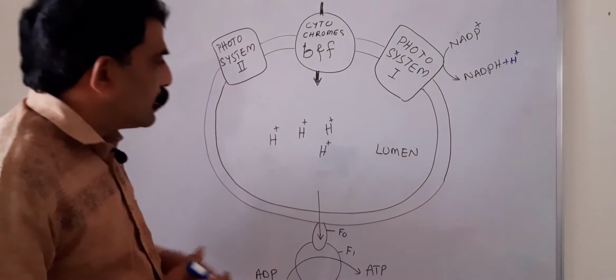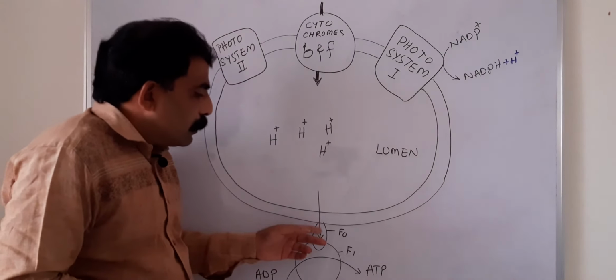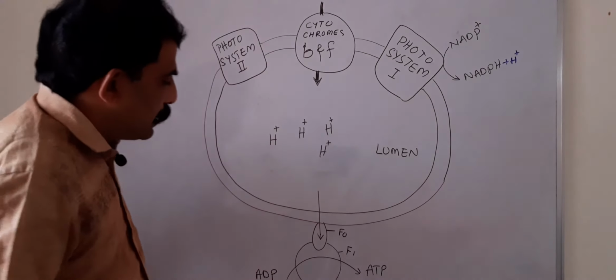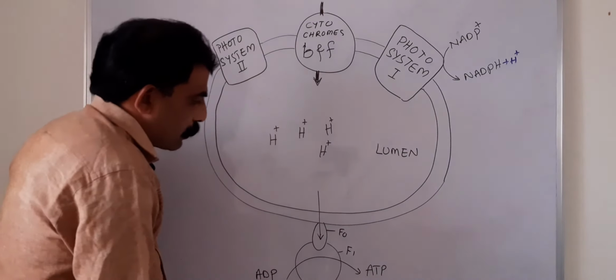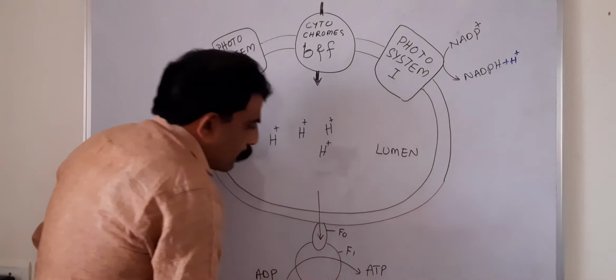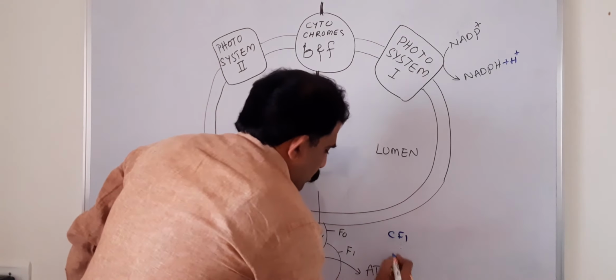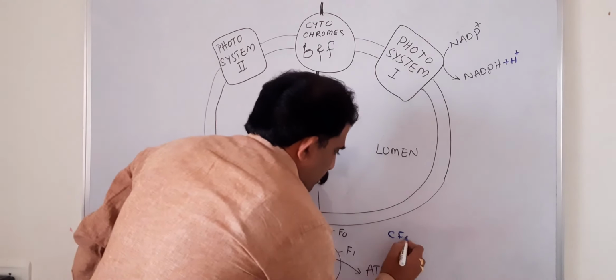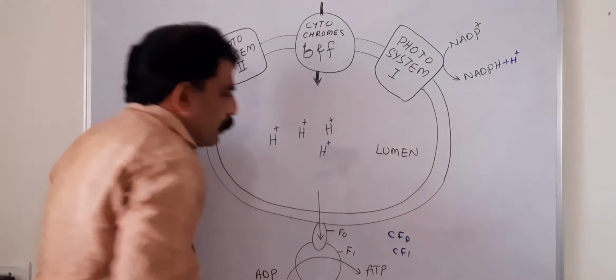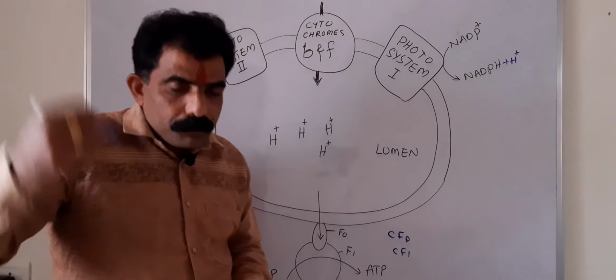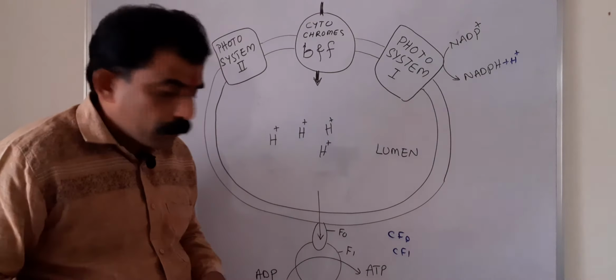Now, the protons take help of the ATPase enzyme, which is called the coupling factor. It consists of two components, F0 and F1. Sometimes they are also referred to as CF0 and CF1, and CF1 is equal to the oxysomes.